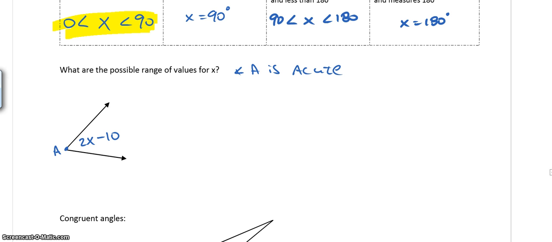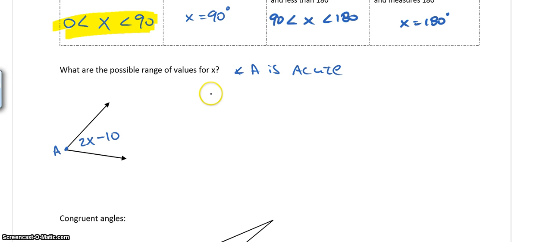Now, we don't know if this angle measures 30 or 60 or 59.9999 or 89.99999. We just know it's smaller than 90 and bigger than 0. So it could be 1, it could be 89, or anywhere in between. We have to find all the possible values for x.